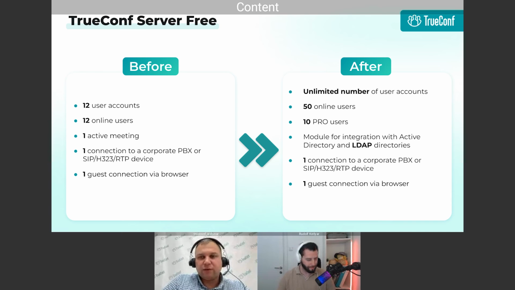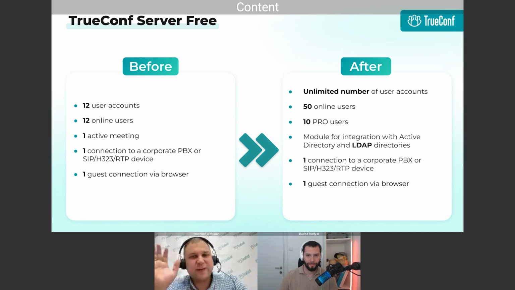The last thing to cover is the TrueConf Server free version. For free customers, we also prepared a very nice upgrade. The free version will receive almost 5 times more users. The current free version will be available only until next week, and after that there will be a new kind of free server with more capabilities.